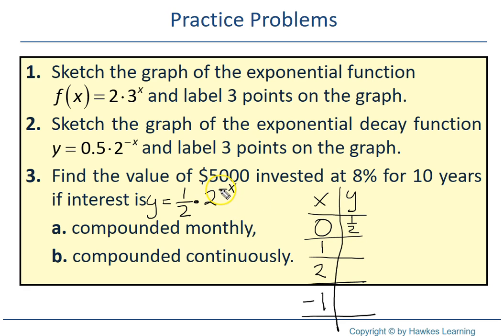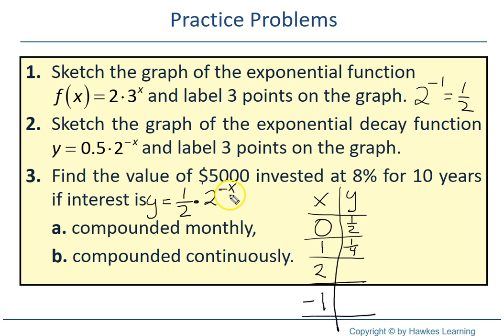Now, if this is a 1 here, you may recall that we had said 2 to the negative 1 was actually 1/2 from an earlier lesson. And 1/2 times 1/2 is going to be 1/4.